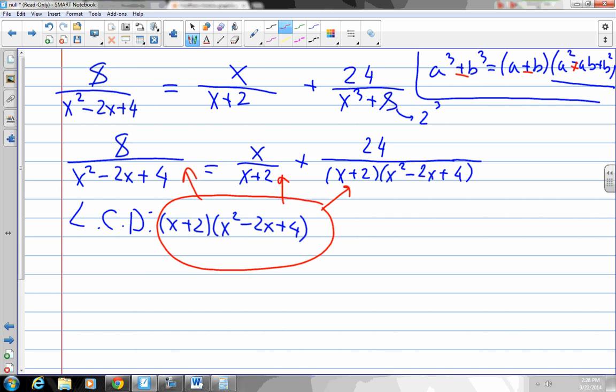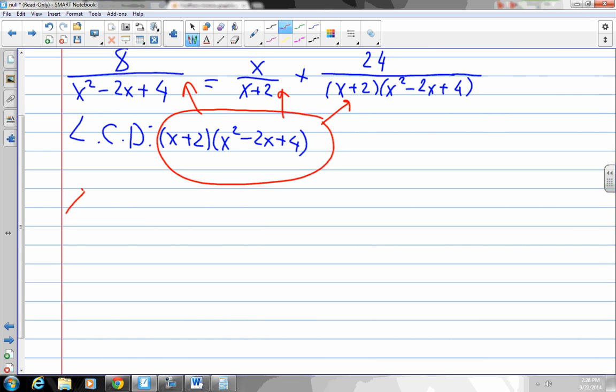You multiply the first one, the big trinomial cancels, and you're just left with 8 times x plus 2 equals, in the middle, x plus 2 cancels, and we're left with x times x squared minus 2x plus 4, right? And on the last one, the entire denominator cancels, plus 24.